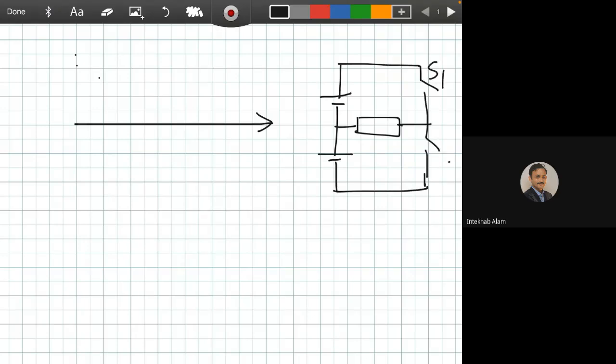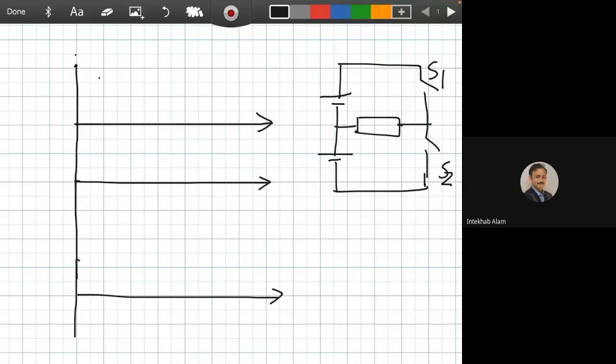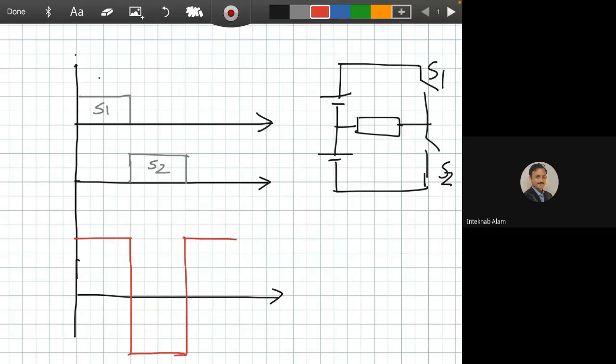This one is S1 and this one is S2. So the output will become V1 and V2. Is it understandable?